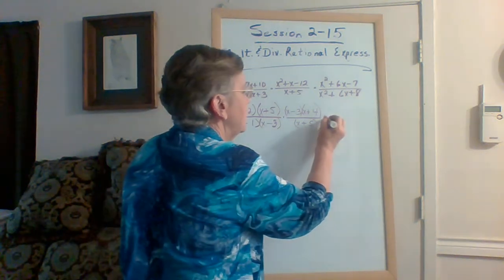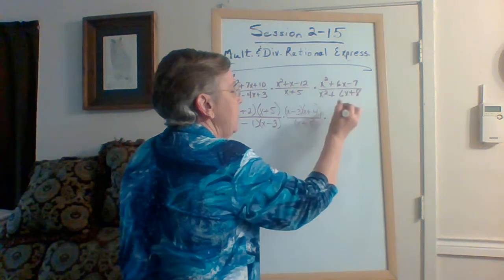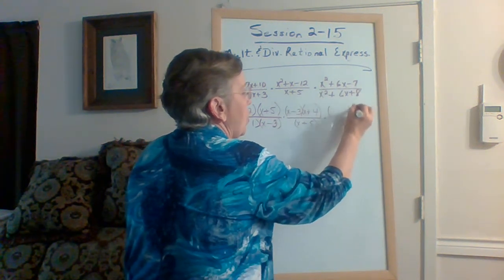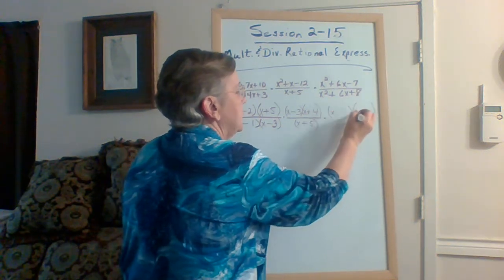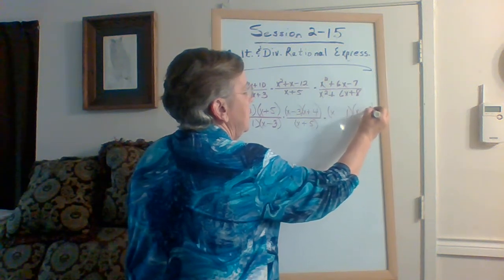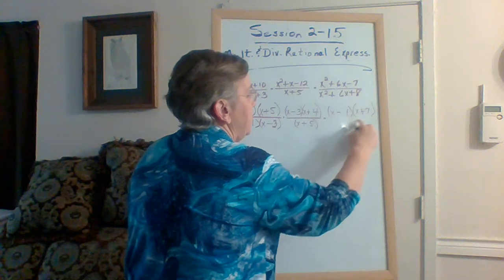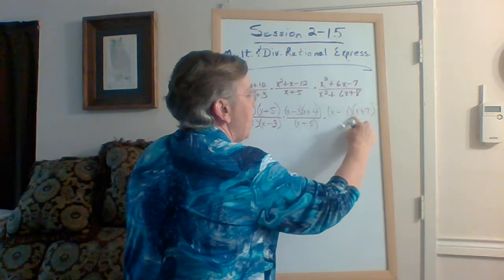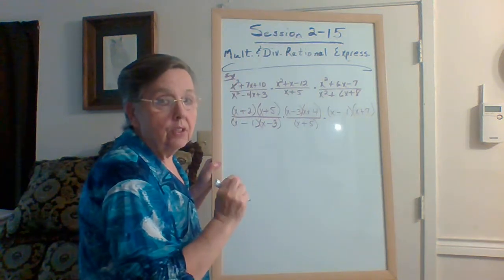Okay, next fraction. x squared plus 6x minus 7. No common factor, so x, x, 1, 7. I'm going to put minus and plus. That's plus 7x minus 1x gives me plus 6x. So I'm okay there.